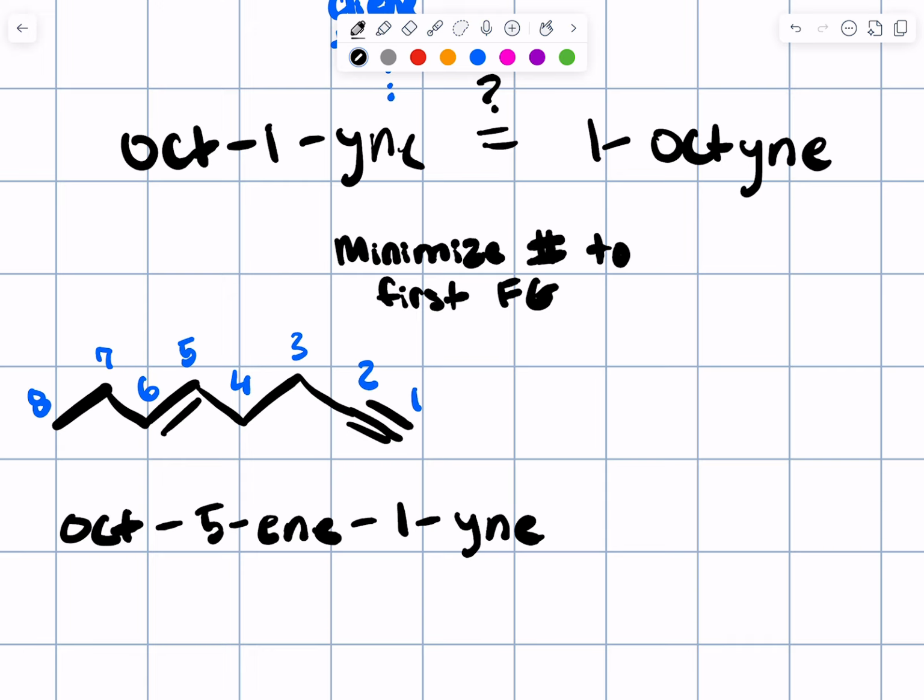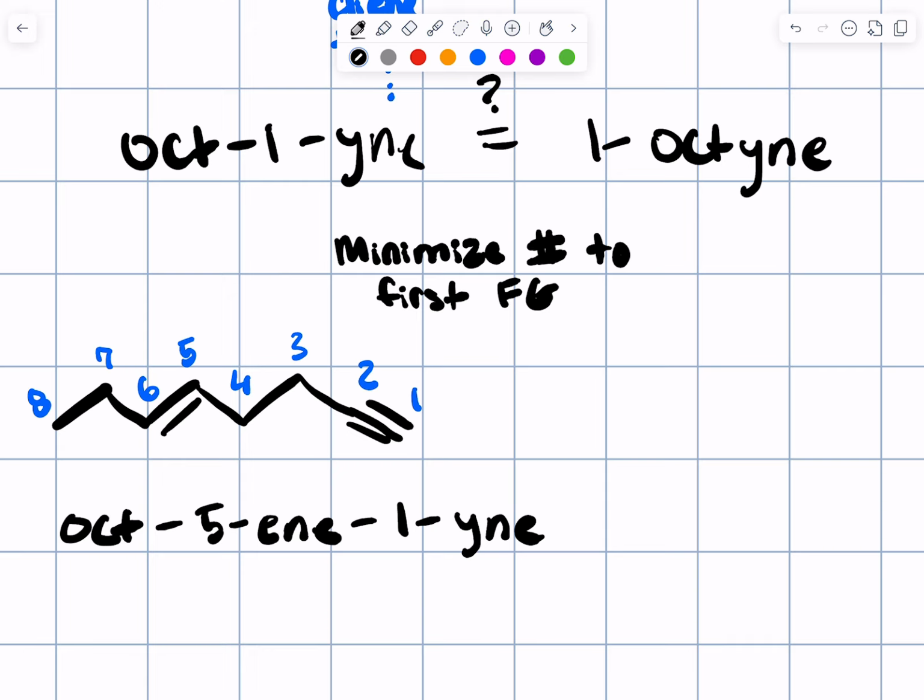A functional group is anything interesting on my molecule, so just anything that's not an alkane. Carbon-carbon single bonds are really boring in organic chemistry. So anytime I see something different from a carbon-carbon single bond, I'm going to call that a functional group. Now, functional groups sort of define the chemistry of my molecule.